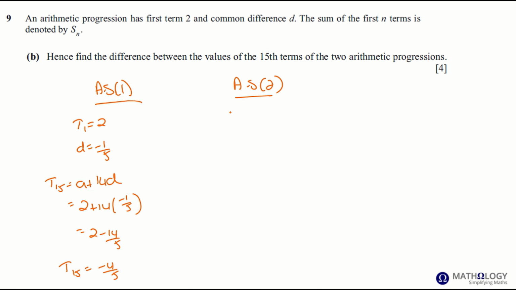And for the second arithmetic progression, the first term was d plus 3.